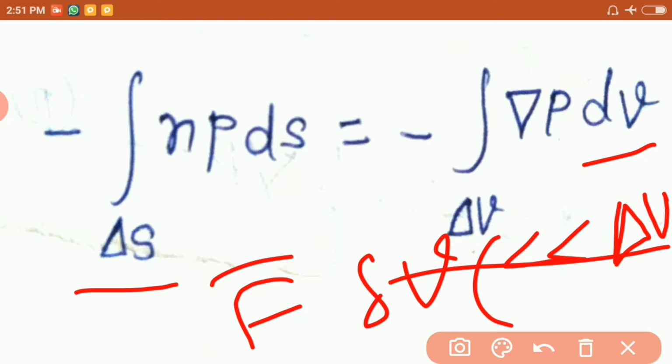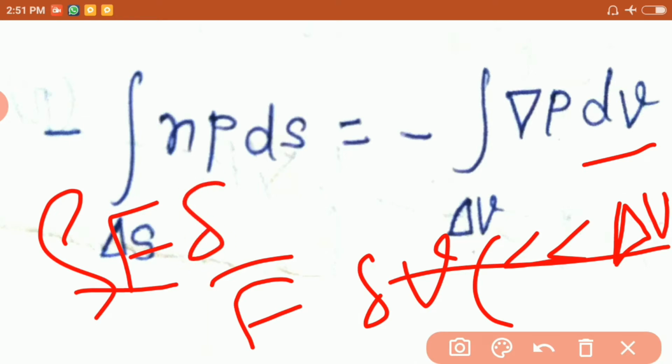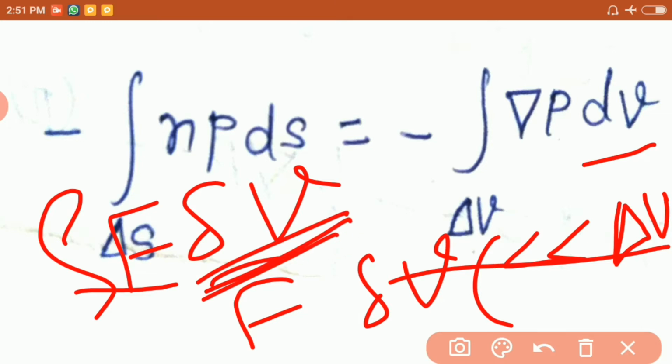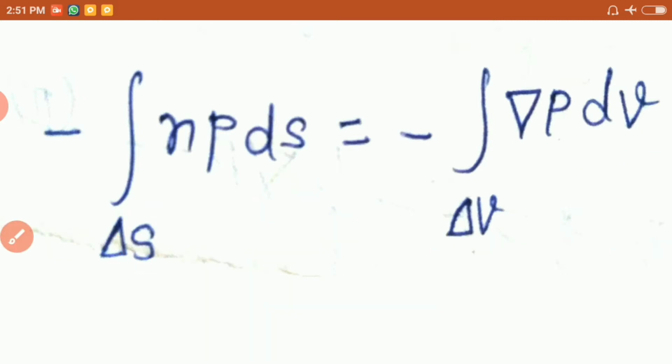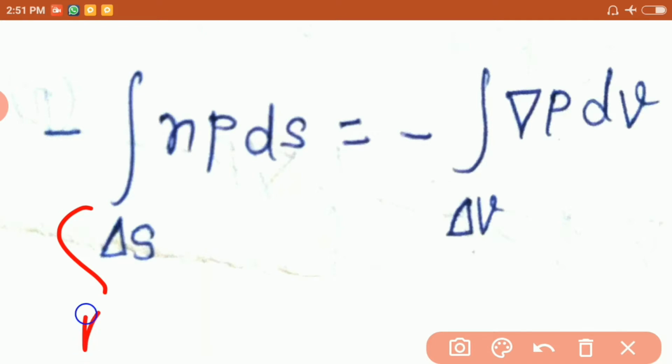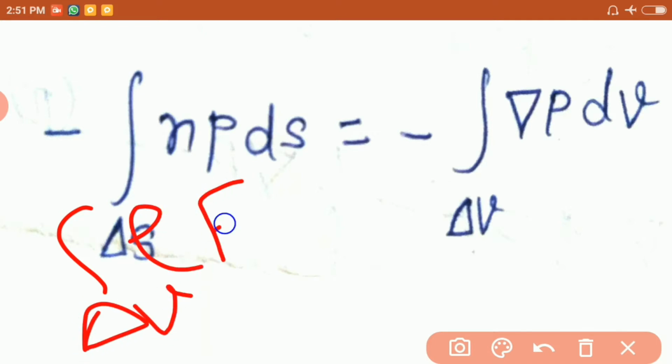Then rho F delta V is the body force on the element delta V, and so the total body force on the entire particle is the integral over delta V of rho F dV.